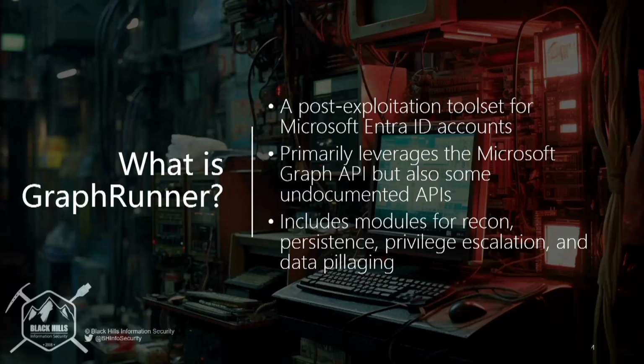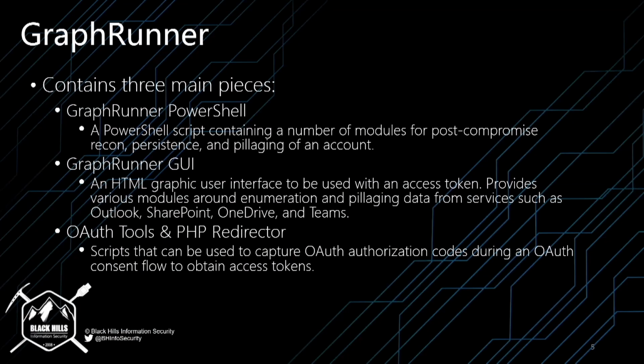It primarily leverages the Graph API, right? This is the whole point. And honestly, throughout this talk, you're going to see it's kind of been a journey of R&D into the Graph API, but also into some undocumented APIs that I will show you here in a sec. It has modules for all kinds of fun stuff after the fact. All right, so it has multiple moving pieces. First off, the majority of it is in PowerShell.